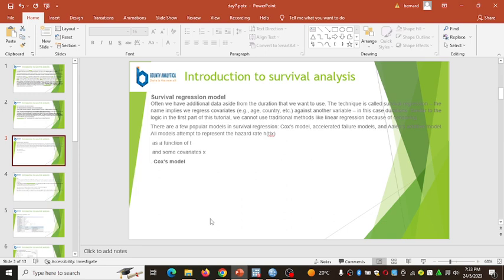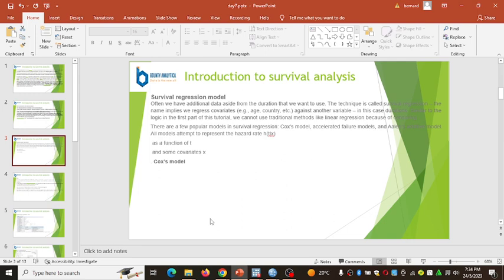What is survival regression? I want to hear from you. So we have additional data assigned from the duration that we want to use, and the technique is called survival regression. Are we okay?